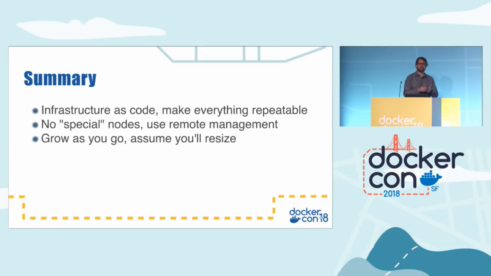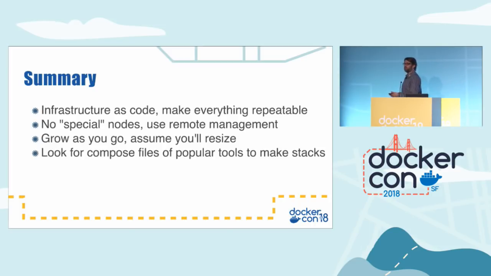Grow as you go. Start small. Grow the complexity over time. Looking for compose files, right? Helm is a cool thing on the Kubernetes side, but we don't have that equivalent place yet. Although there is a tool being launched today by the Docker team, Gareth, thank you. Gareth is releasing a tool called Docker App.